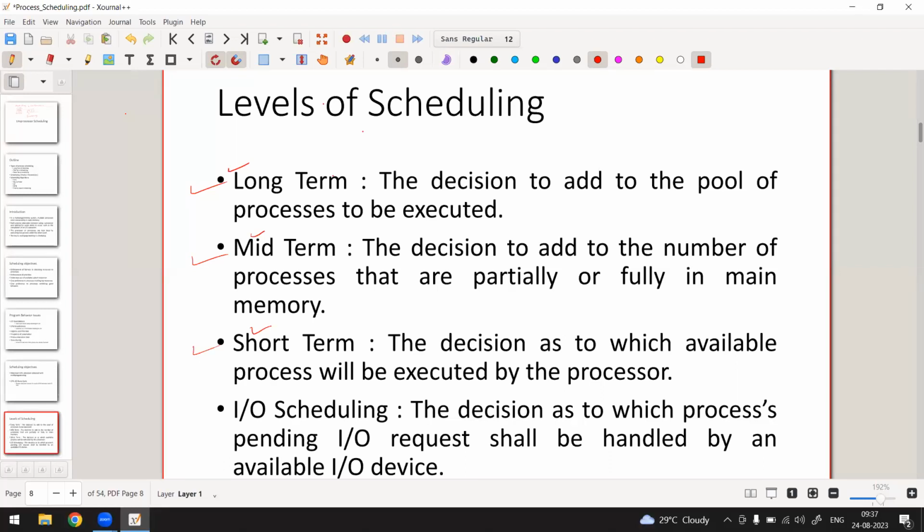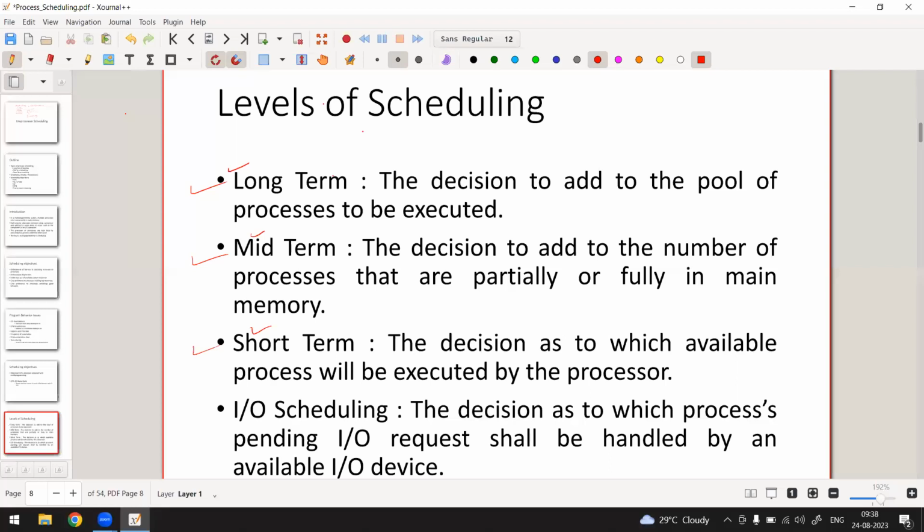This is a very rough analogy of what we mean by long-term, mid-term, and short-term scheduling. So let us see in terms of process scheduling what long-term scheduling is. Long-term scheduling is the decision of adding a process to the pool of processes to be executed.